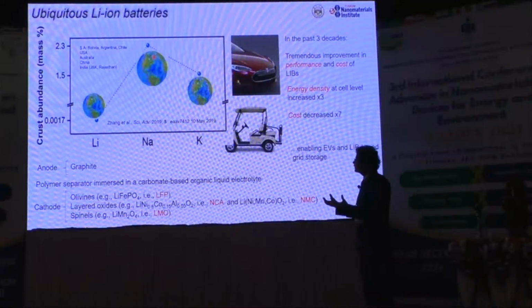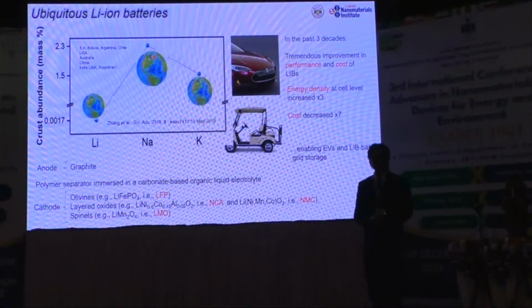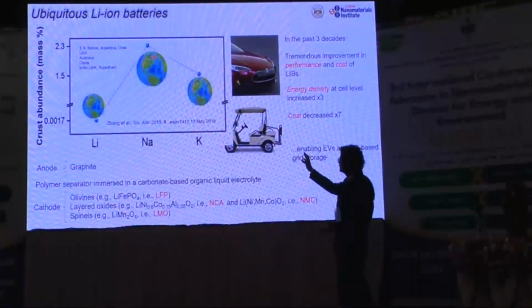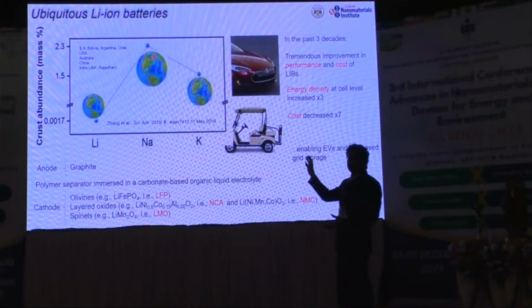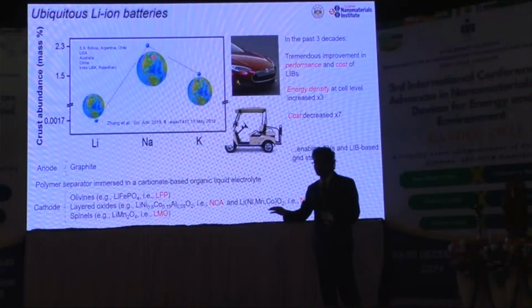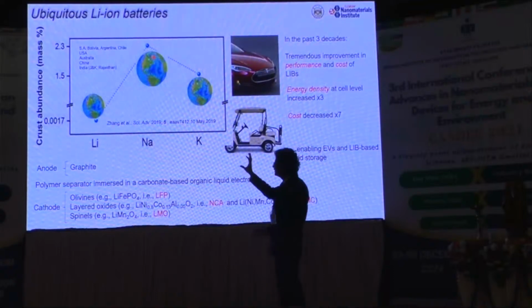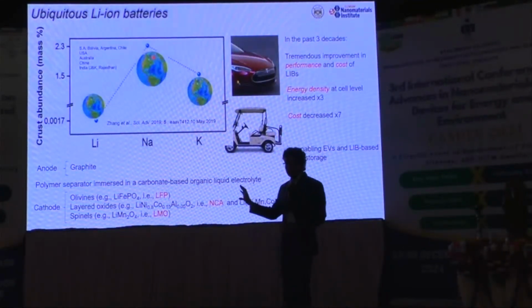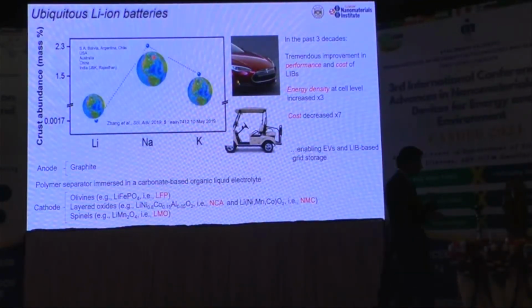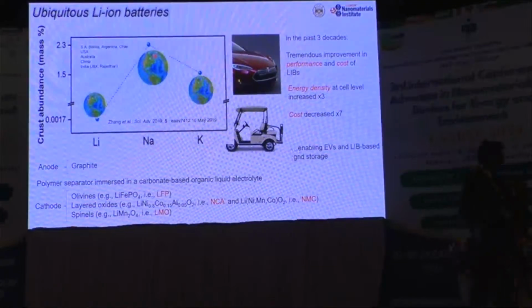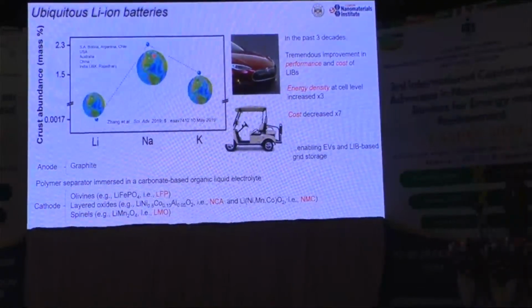So in order to have sustainable batteries, we need to start working with potassium-ion batteries, sodium-ion batteries, and so on. But because of the interest of time, I'm going to just present about lithium-ion batteries and potassium-ion batteries. Okay? And I'll be using these interchangeably during my presentation.